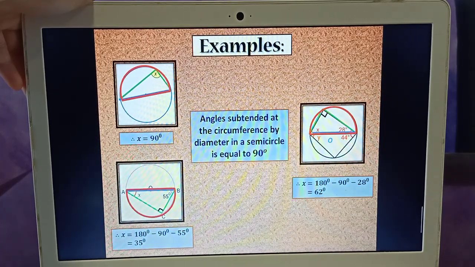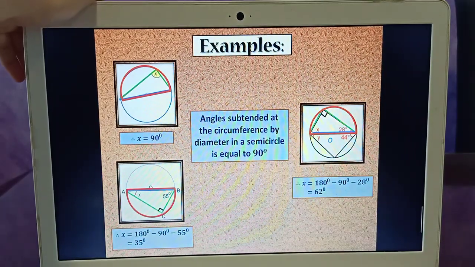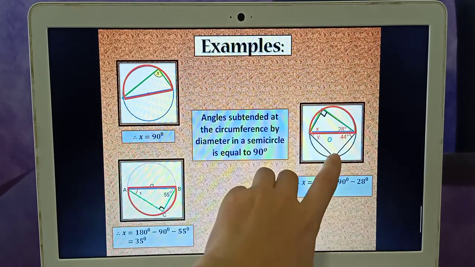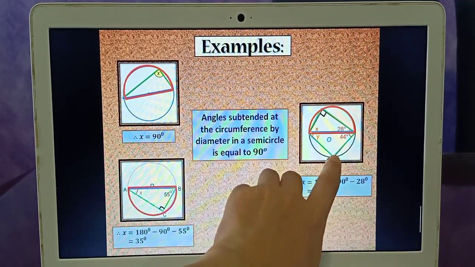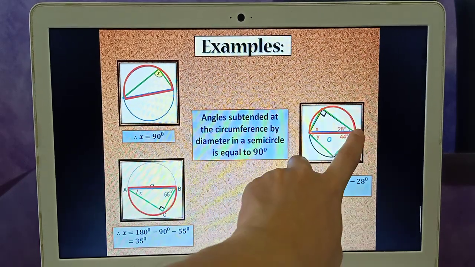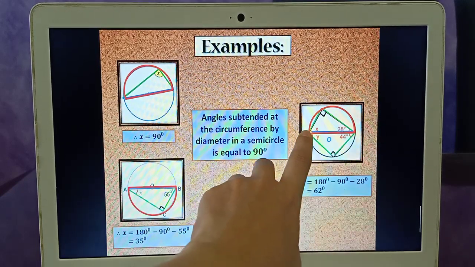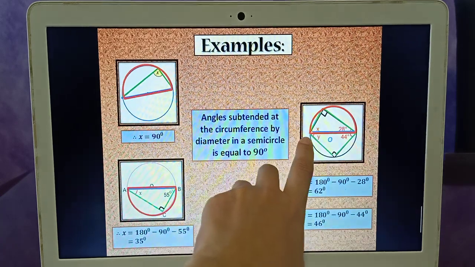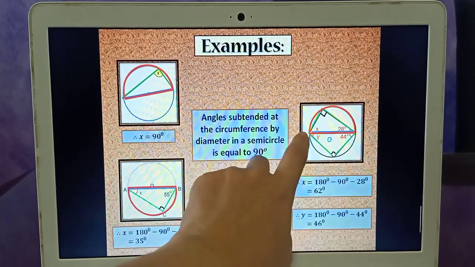As for y, now we look at the lower part of the semicircle. In order to find y, you need to know what this angle is. This angle is the angle subtended at the circumference because it is formed by two chords, the diameter, the blue one, and this semicircle, the lower part, the black one.